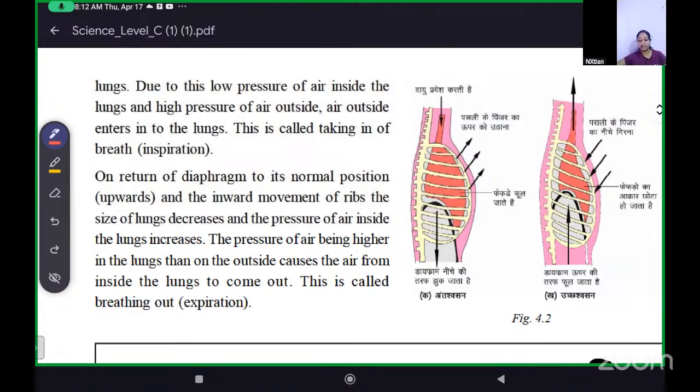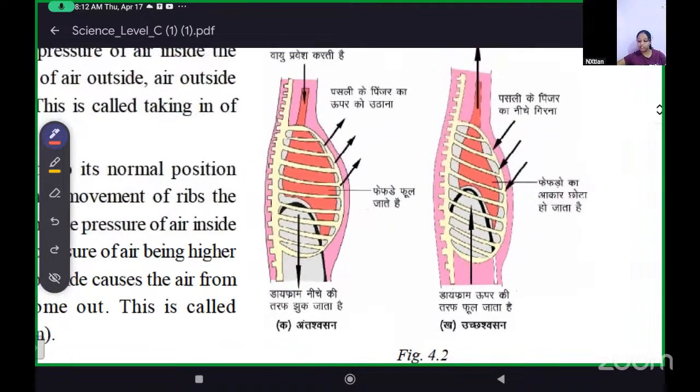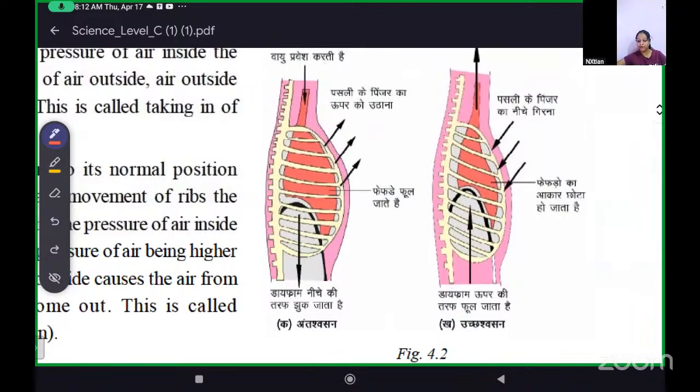That is expiration. If you can see in the first one, inspiration, when we take in air, the lungs expand and the diaphragm contracts, it goes down. In the second one, expiration, the lungs contract again and the diaphragm expands. So that is expiration.